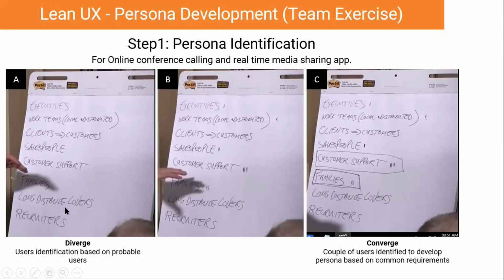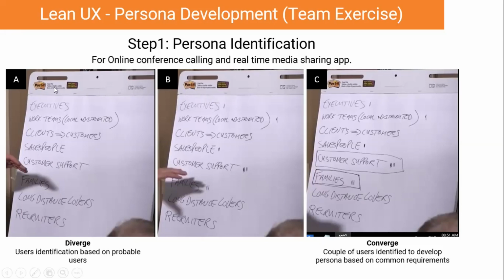All these kinds of people can be using online conferencing, right? Like I said, this should be a team exercise. In your product or service development team, there could be developers, UI designers, business folks, testers. Everybody coming together can do this exercise. It shouldn't be done by an individual, because you won't get a diverse set of inputs. So you typically go with a team.